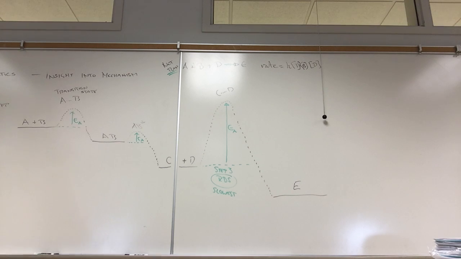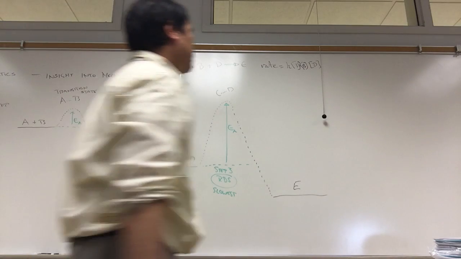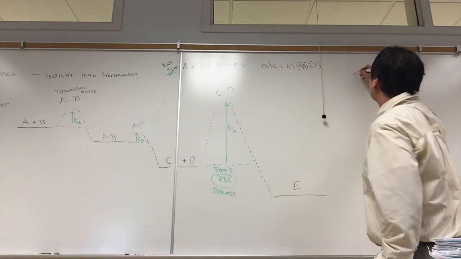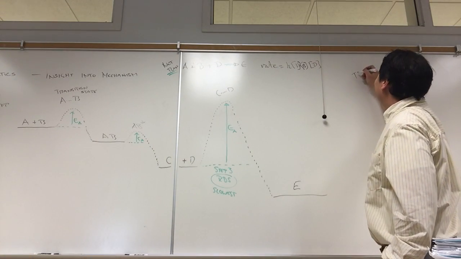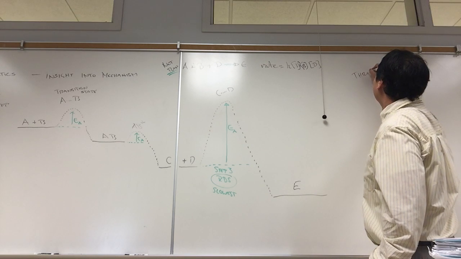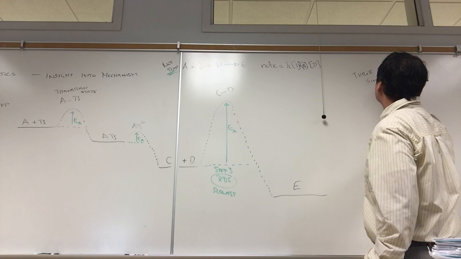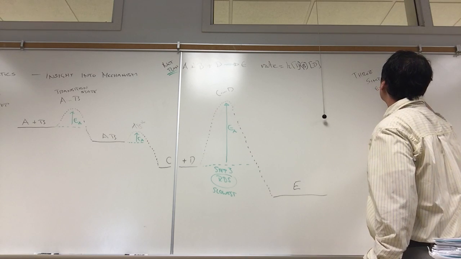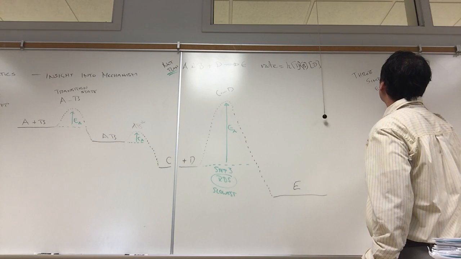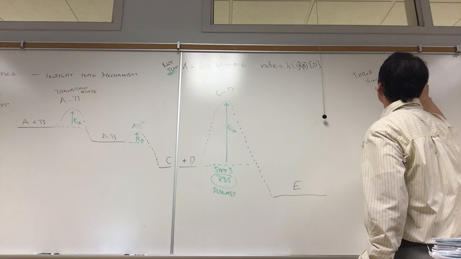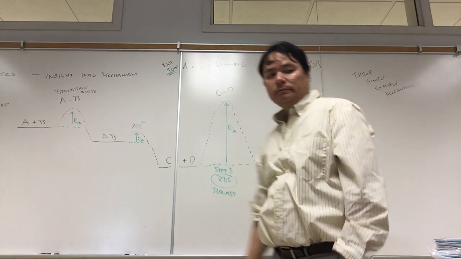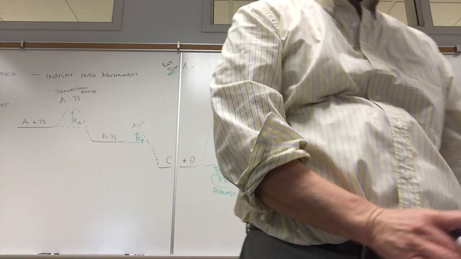All right, so what we're going to do is look at 3 simple mechanisms here. There are more, but 3 simple example mechanisms. Just use the ones from your book.